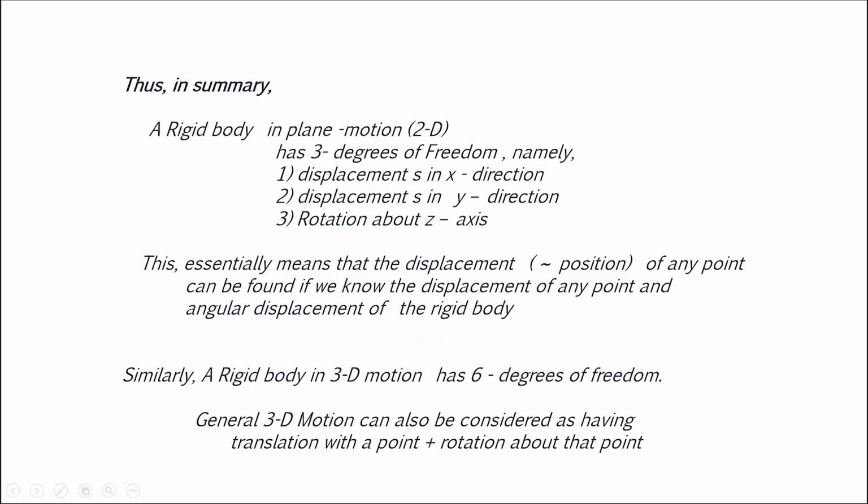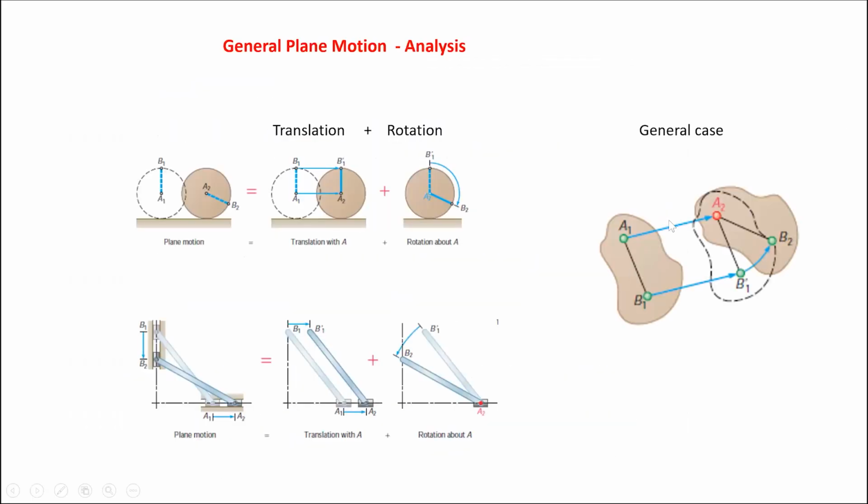If I go back here, you can even think about this one. Here we are talking about it translating with A, and the body rotating about A. So there are two translational components and rotation about A. Similarly, if you take B1, you can say it is translating from B1 to B2, and about B2, A is rotating.